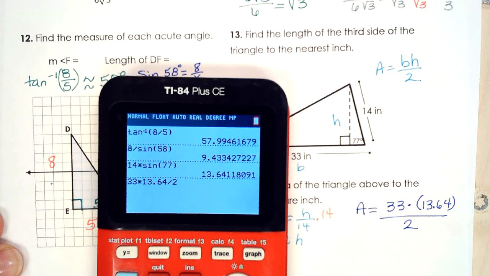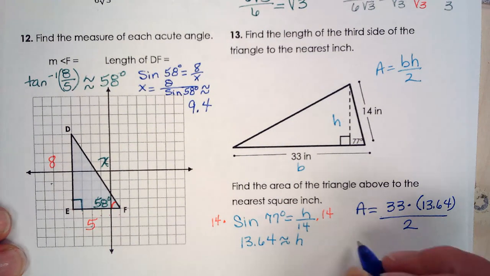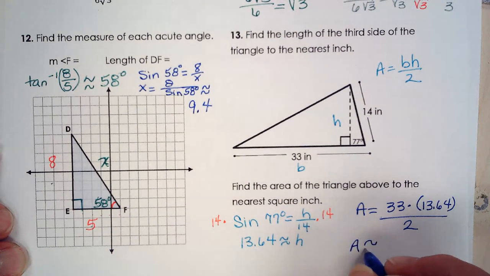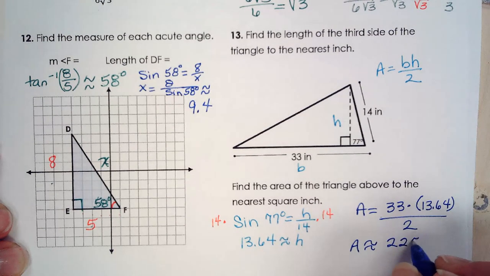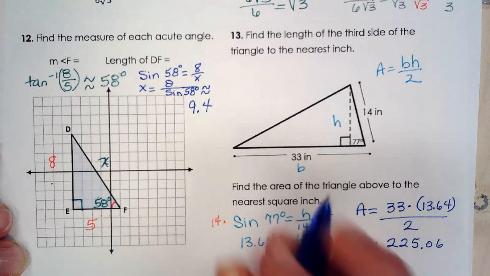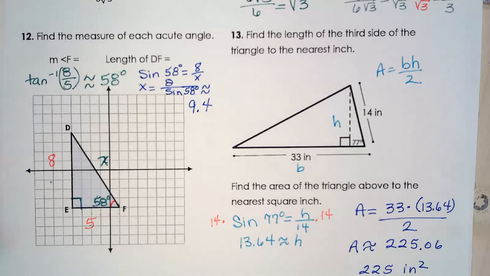Order of operations will do it correctly. 225.06. So my area is about 225.06 inches. You're to round to the nearest inch. 225, and this would be inches squared.